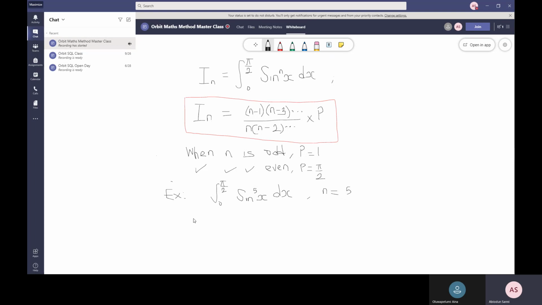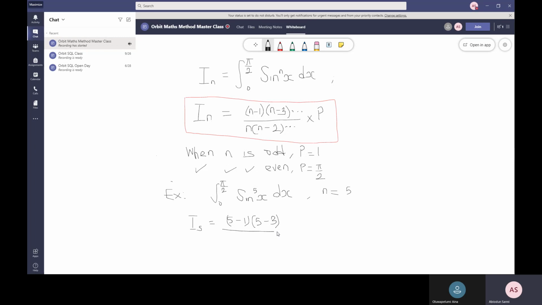So I am evaluating I_5. I_5 is equal to (5 minus 1) multiplied by (5 minus 3). If you keep reducing by 2, I cannot write 5 minus 5 because I'll have 0, so you stop at 5 minus 3 here.